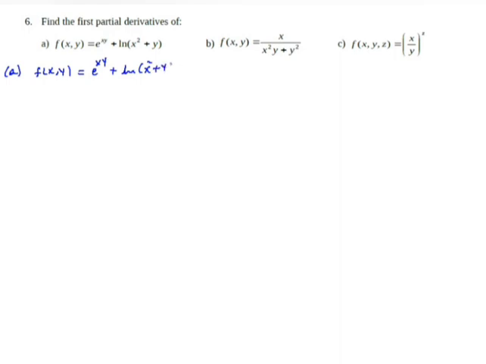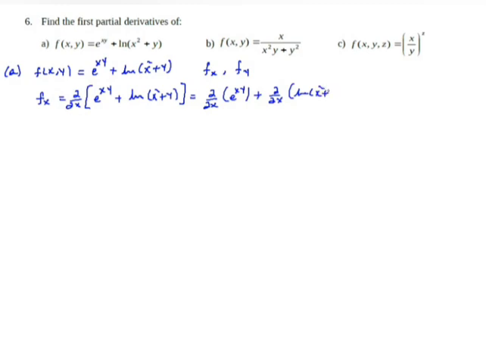So we will have the first partial derivatives fx and fy: we look at the partial derivative of the function with respect to x and with respect to y separately. So fx refers to the partial derivative of the function with respect to x. We treat the other variable as a constant. So this is the partial derivative of e to the power of xy plus the partial derivative of ln of x squared plus y.